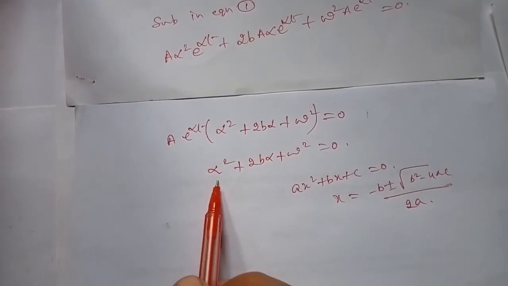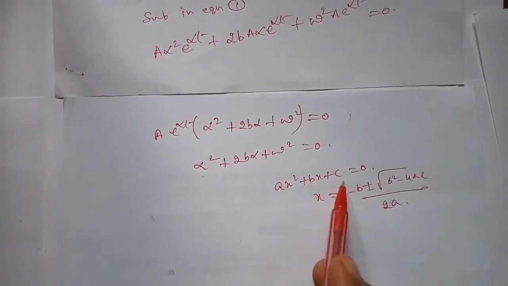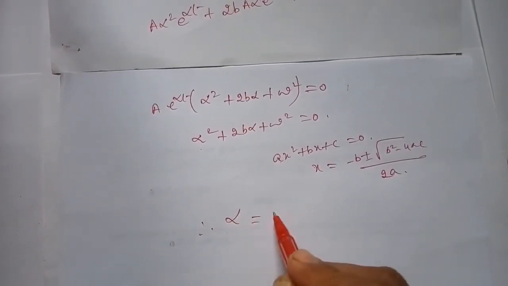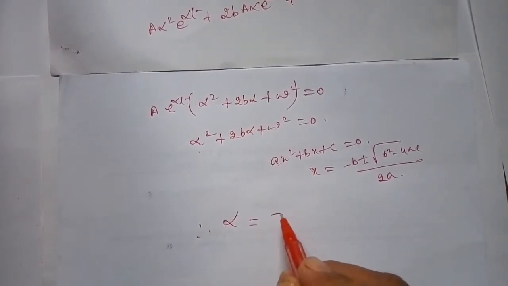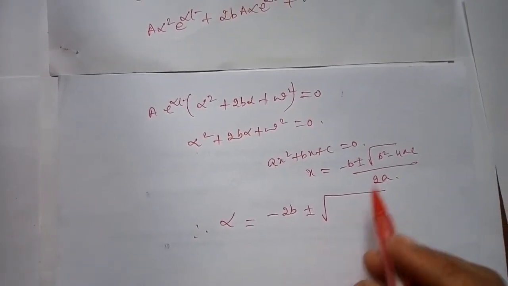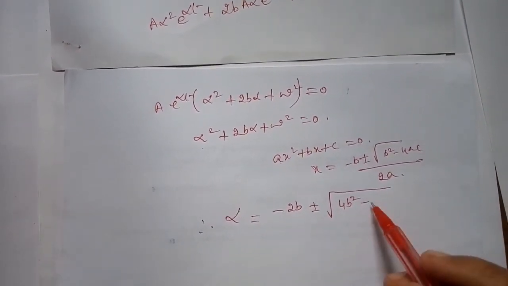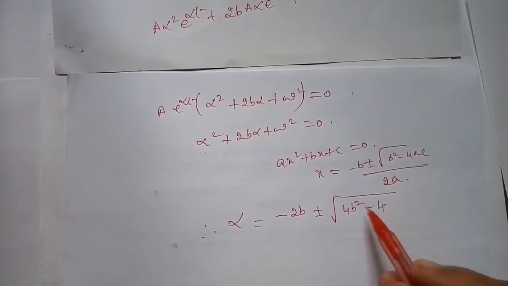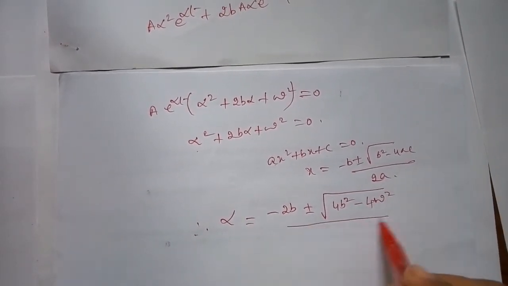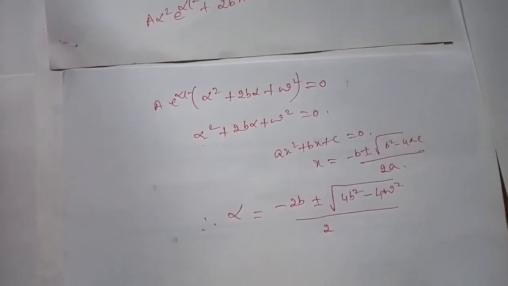In this expression, the coefficient a is 1, b is 2b, and c is ω². Therefore α = (−2b ± √(4b² − 4ω²)) / 2.